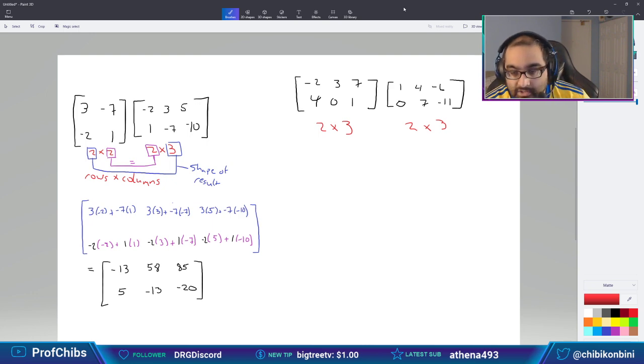Matrix A has 2 rows, so matrix B has 3 columns. 3 at the end and 2 at the front.